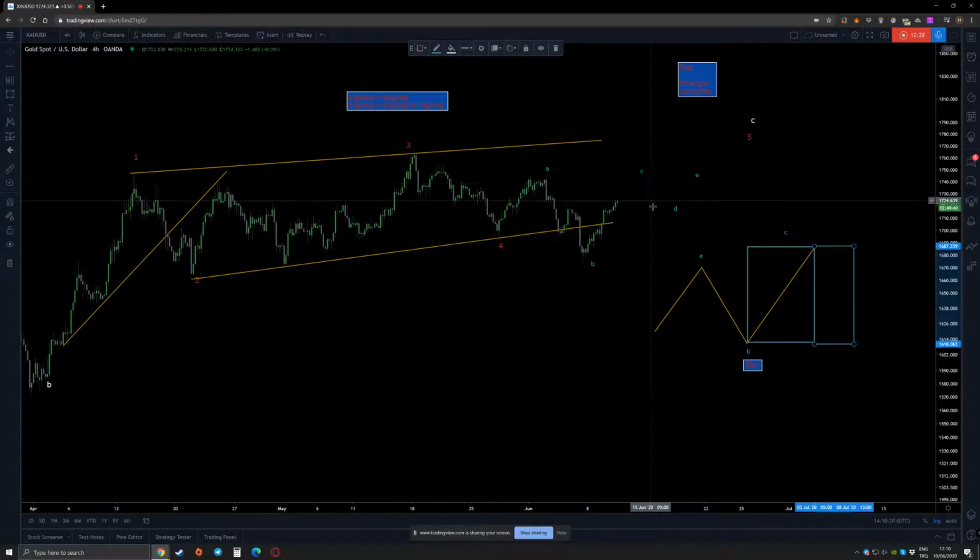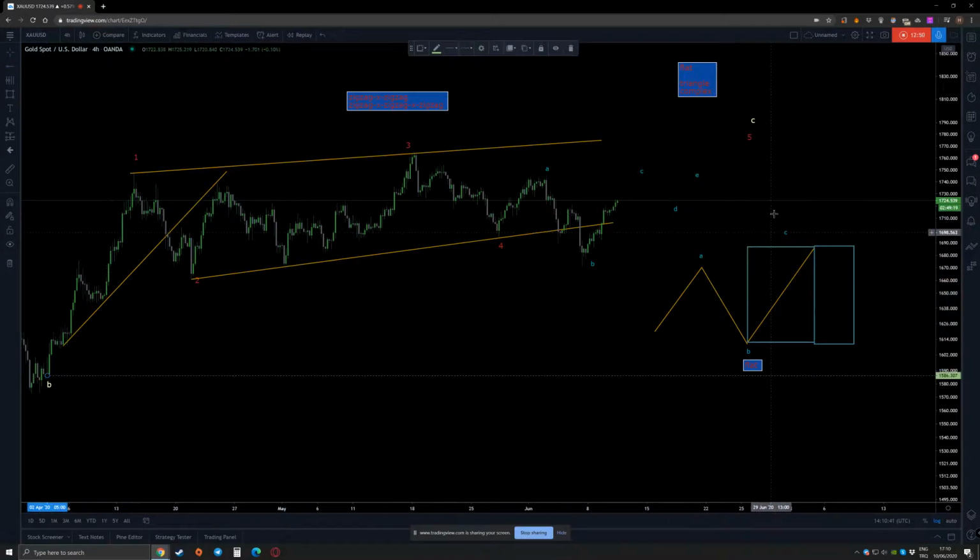Now, if it did the C wave and did go all the way to here, and if the market confirms that this ABC is done and the fifth wave is done, if I'm certain the C wave is done, now I would also trade not this terminal move to here, but after this to this main scenario. So you have a couple of options.